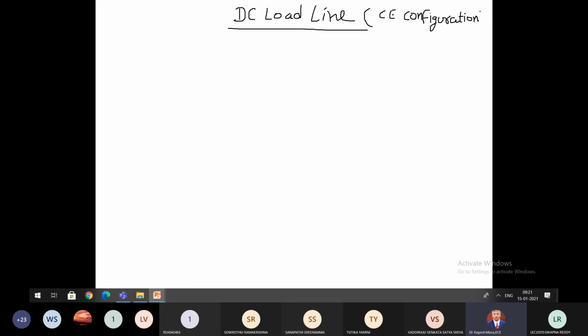Right, because this configuration is the most popular configuration to use a transistor in most of the cases of the amplifier, right? So suppose this is the circuit diagram of common emitter configuration used for an amplifier.